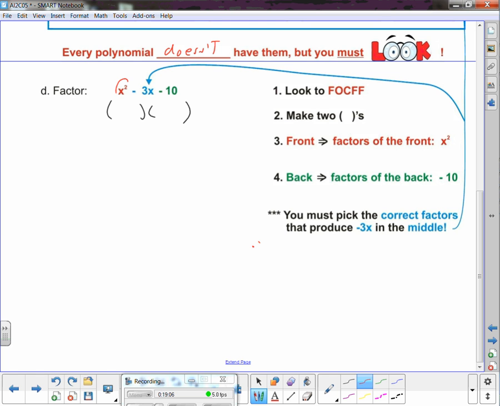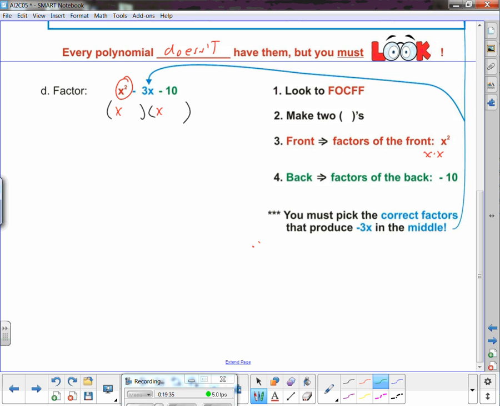The front factors will always multiply to the front term. This one's pretty simplistic. You either have x squared times 1 or x times x. Whenever there's an x squared term, it's almost always x times x. So we put an x times x in the front, right? Because x times x is x squared.